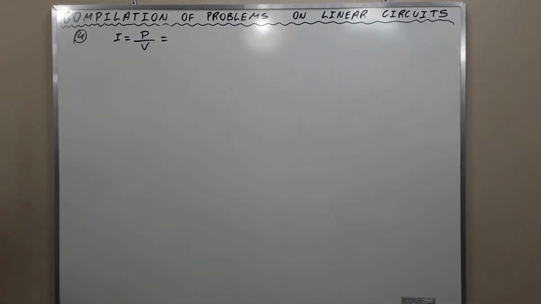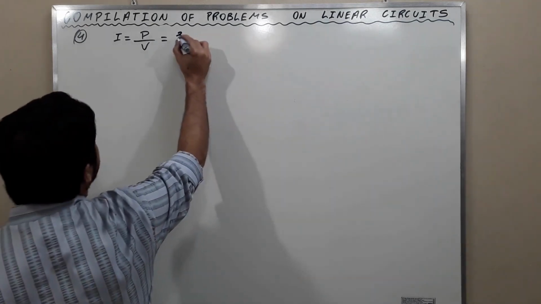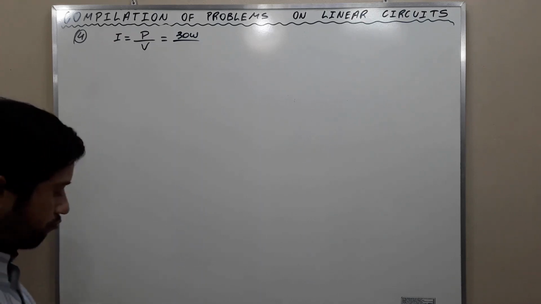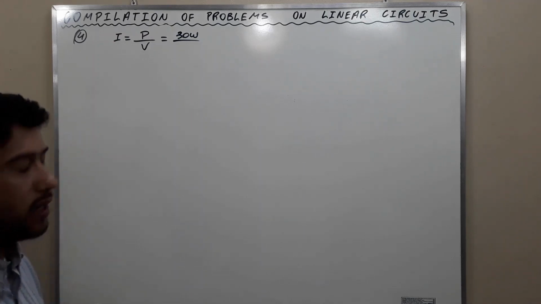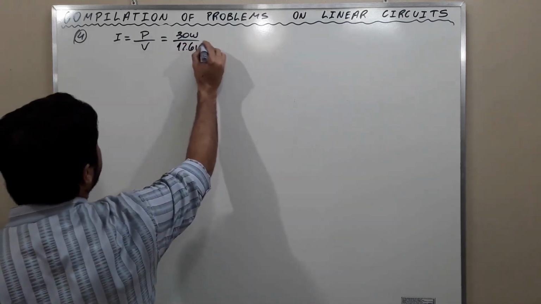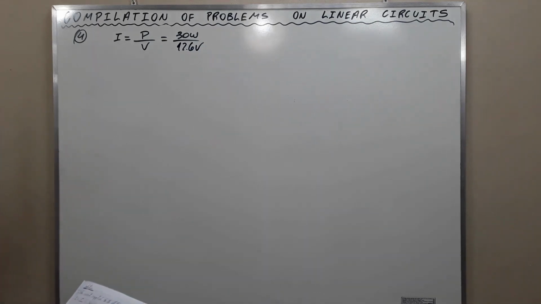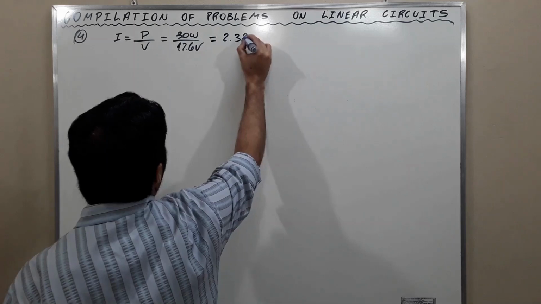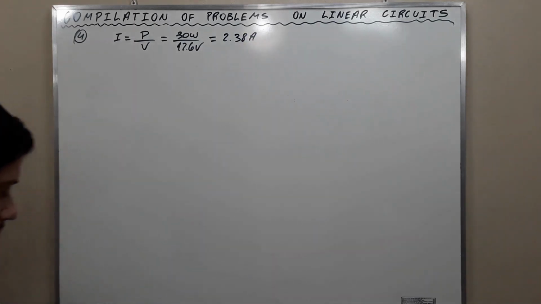The exercise said that the power consumed by the electronics is 30 watts, and the exercise also said that the voltage the battery supplies is 12.6 volts. And by carrying out this division, we find that the current is 2.38 amps. Okay?